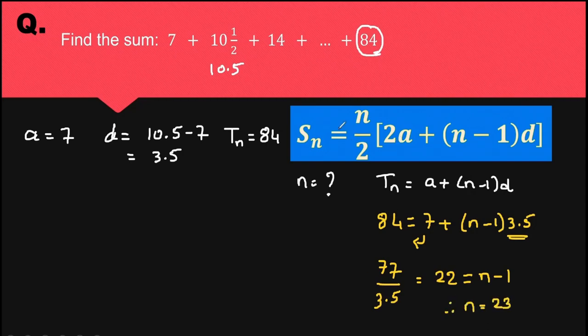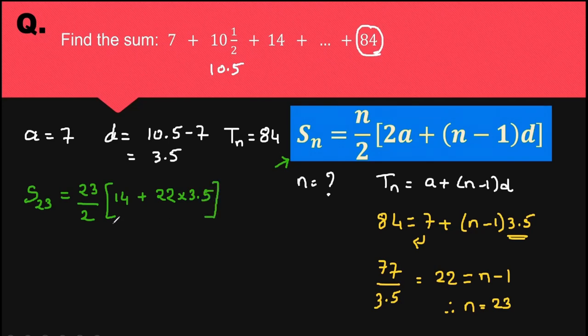Now that we have found the number of terms, we can use this formula for finding the sum of first n terms. So the sum of 23 terms given in this AP is 23 by 2 multiplied by (2a, so that is 14, plus (n minus 1), so that will be 22 times 3.5).